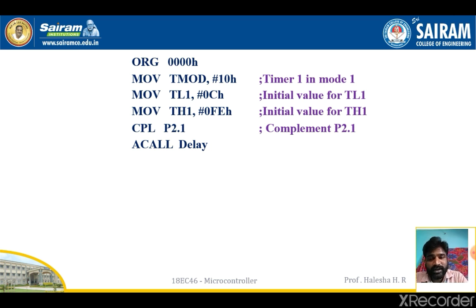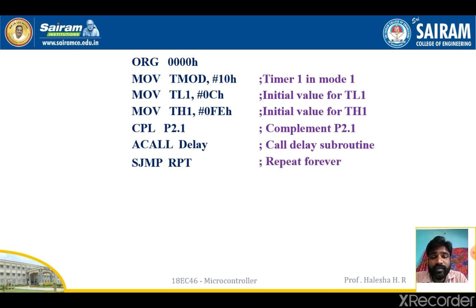Whenever this instruction executes, it copies the return address, that is, the address of the next instruction to be executed, which is SJMP repeat, into the stack. This is the main program. So SJMP repeat repeats forever.